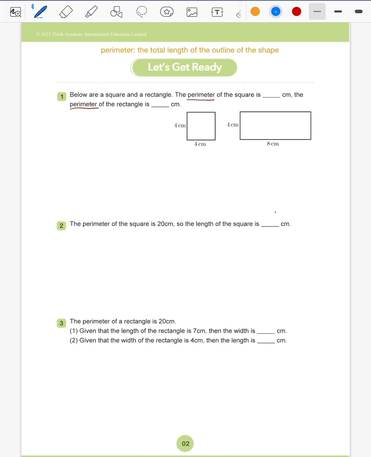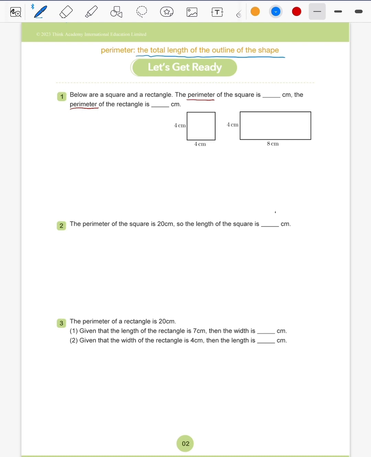Can you remember that? The perimeter means the total length of the outline of the shape. It means for this rectangle, the perimeter will be this line plus this line plus this line plus this line. So basically, for the perimeter of one shape, we need to add all the lines together to find out the total length of that. Okay, so now let's look at the rectangle.